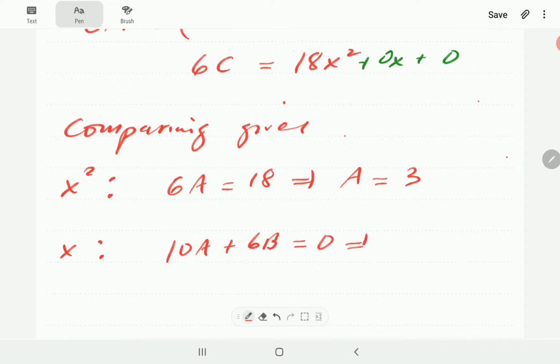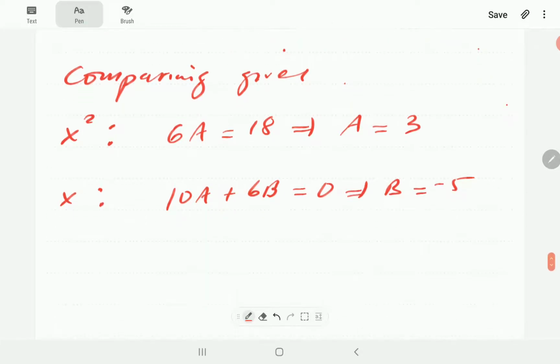On the right hand side it's 0. So if you plug in a there, that's going to give us b is -5. Then the constants on the left hand side, we've got 2a plus 5b plus 6c. On the right hand side it's 0.